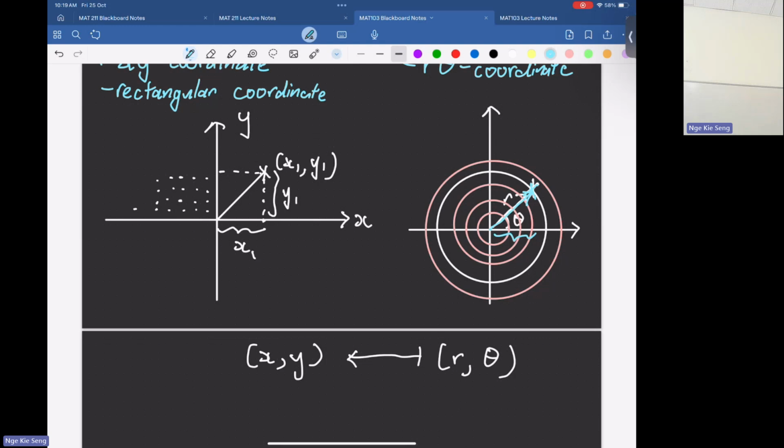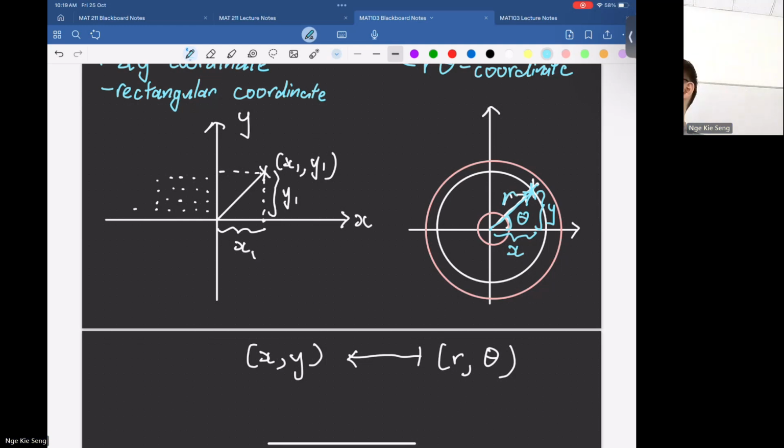What's the x coordinate? What's the y coordinate here? How to compute? Y equals to what? X equals to what? If I know the angle here and the radius here. So let us remove some of the circle. We know the radius, we know theta already. Can you get x and y? How?